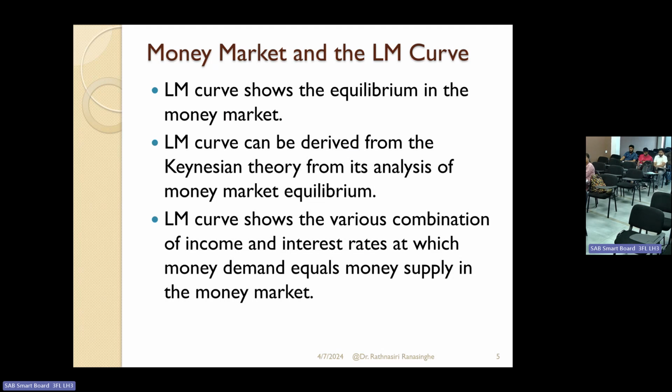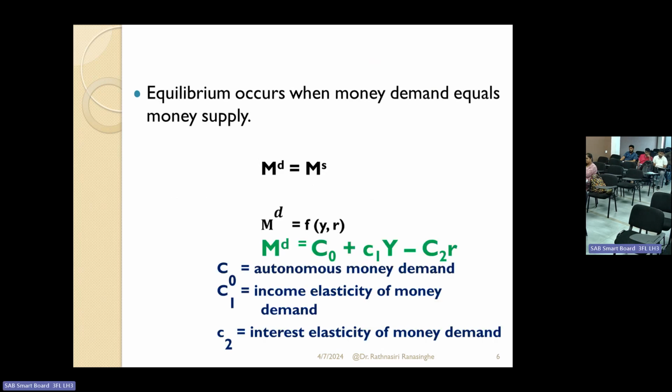It is based on equilibrium in the money market, so any point on the LM curve, along these combinations of interest rate and income, represents money market equilibrium. Now we know that money market equilibrium occurs when money demand equals money supply.